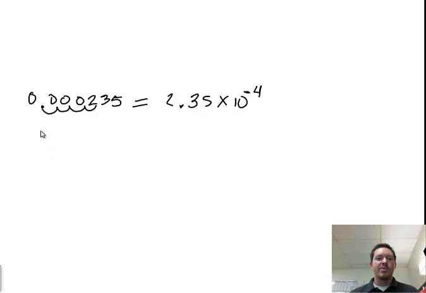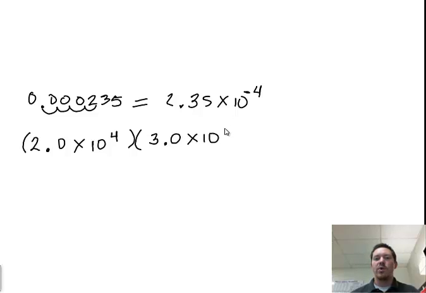So let's look at multiplying and dividing these numbers really quick. 2.0 times 10 to the 4th, and I'm multiplying that, so I'm going to put these in parentheses to indicate that I'm multiplying two numbers. Let's say 3.0 times 10 to the 4th as well. I'm going to close my parentheses to show that I'm multiplying these two numbers together.